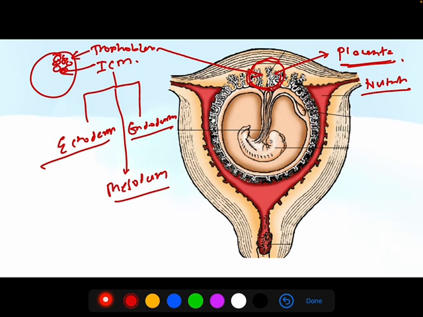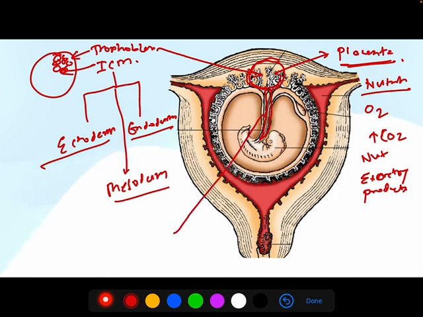It will provide oxygen. It will take away carbon dioxide. It will provide nutrients, and it will take away excretory products. And the connection of the placenta with the developing embryo is the umbilical cord.